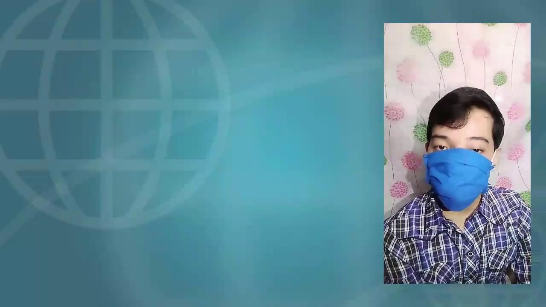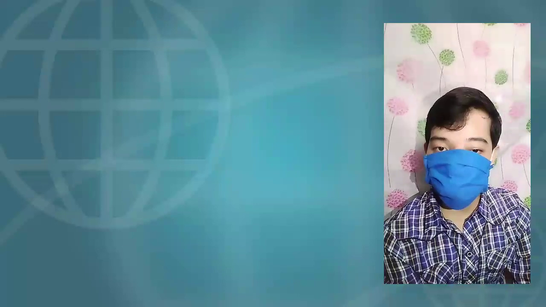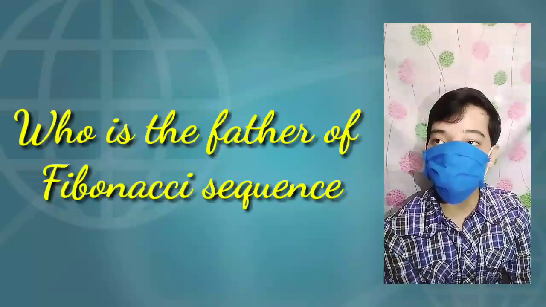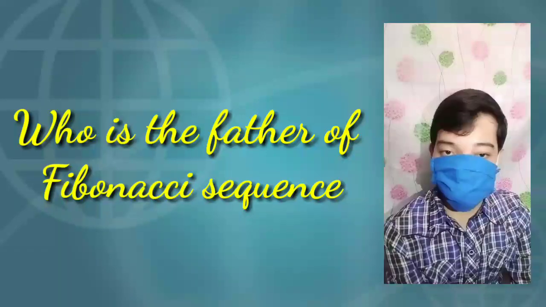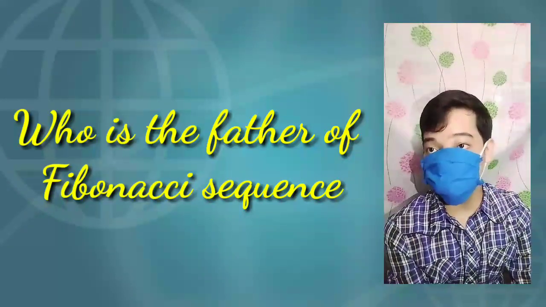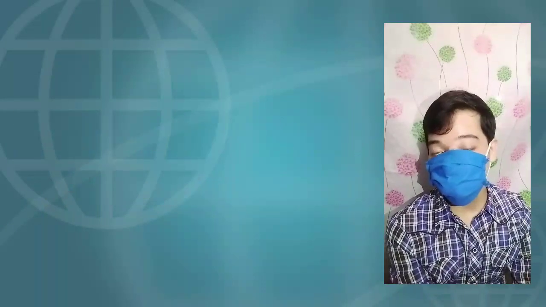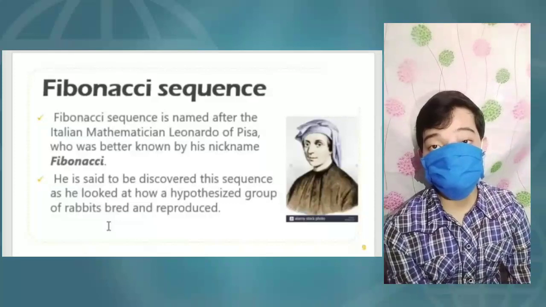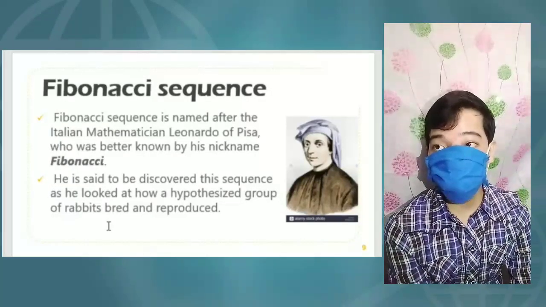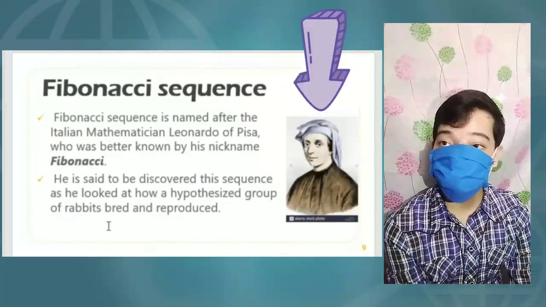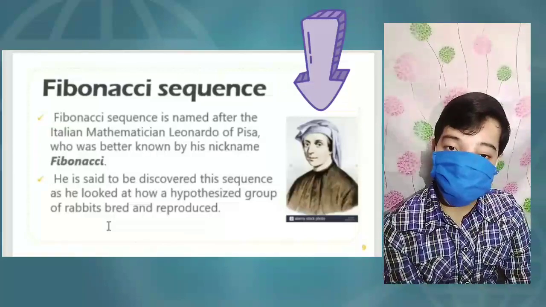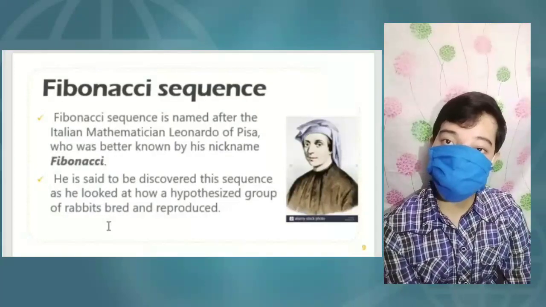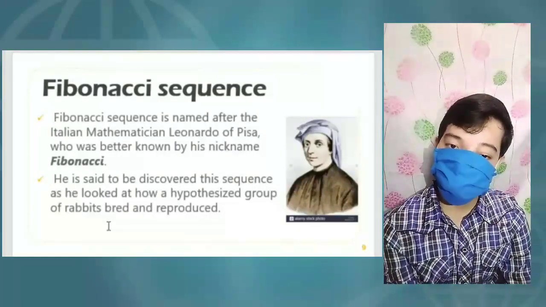While we are talking about the Fibonacci sequence, who is the proponent of the Fibonacci sequence? The Fibonacci sequence is named after the Italian mathematician Leonardo of Pisa, who was better known by his nickname Fibonacci.